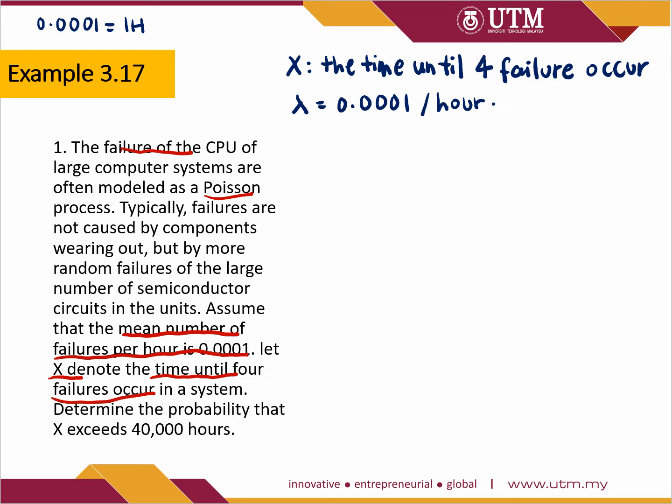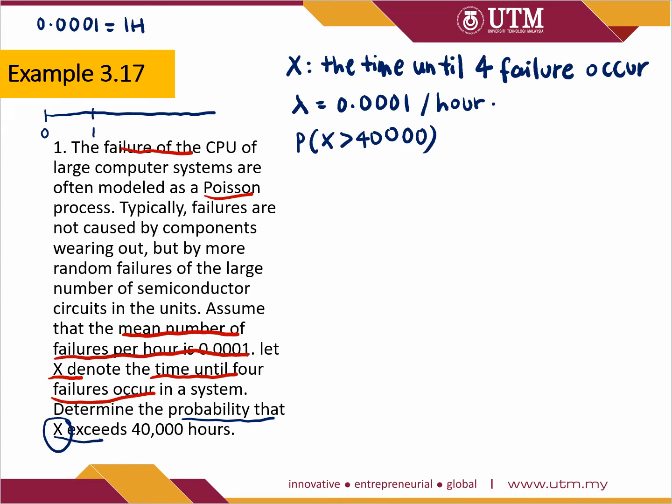Now we want to find the probability that X, given X is the time until 4 failures occur, exceeds 40,000. So we want to find P(X > 40,000). Until 4 failures occur, meaning that if I illustrate this, this one never happened, failure had never happened.